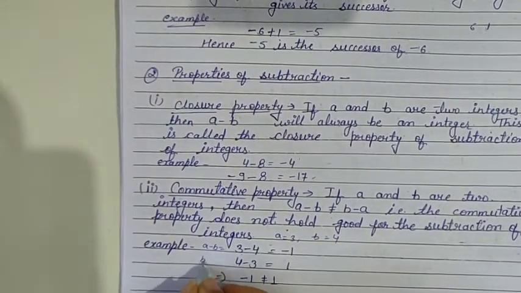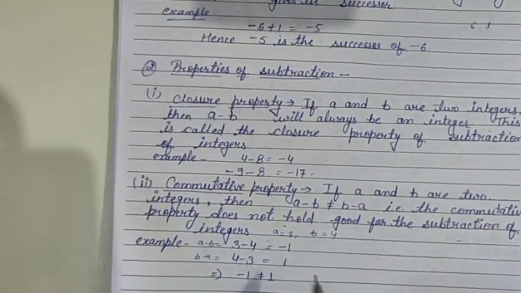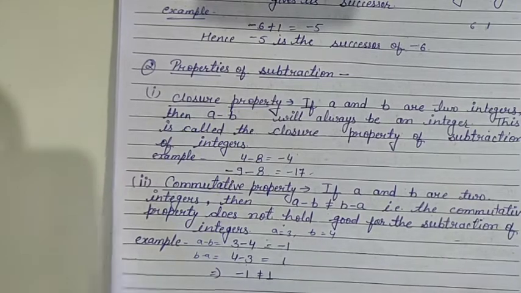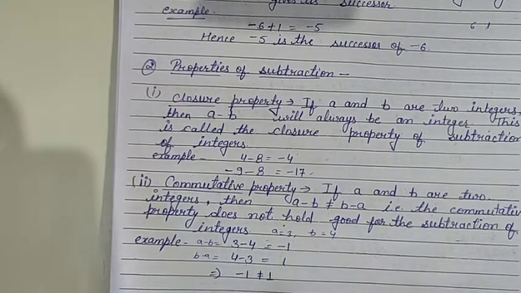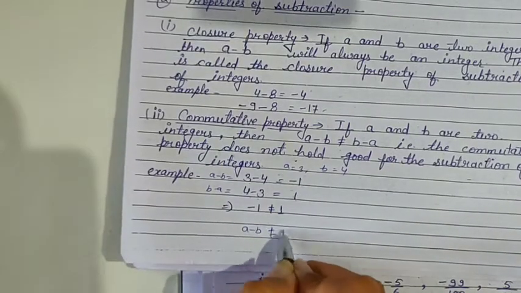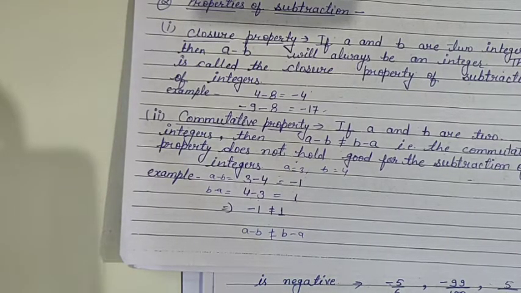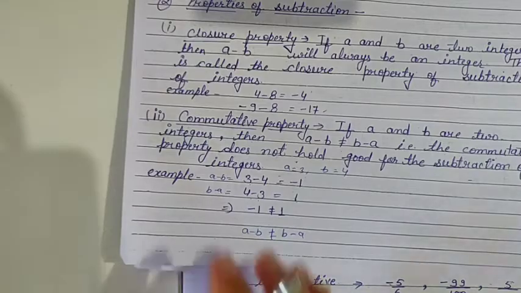And when we find b minus a, it means 4 minus 3, that is equal to 1. And students, minus 1 is not equal to 1. It means a minus b is not equal to b minus a. So the commutative property does not hold good for the subtraction of integers, and the commutative property holds for the addition of integers. Okay.